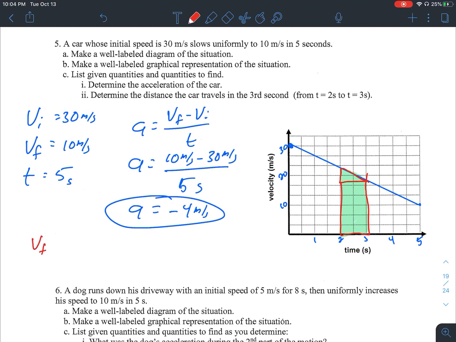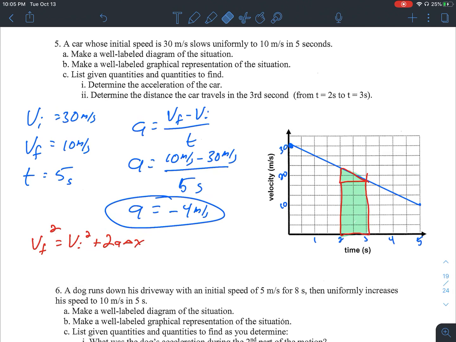Either equation would work because we have the time period, we have all the velocities, we have the acceleration. But we don't want to be using the values for VI and VF in the red equation that I mentioned below, because the scenario has changed. We're only looking for that specific time period.